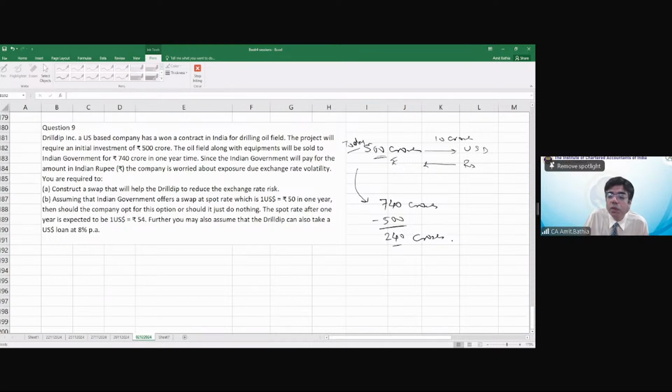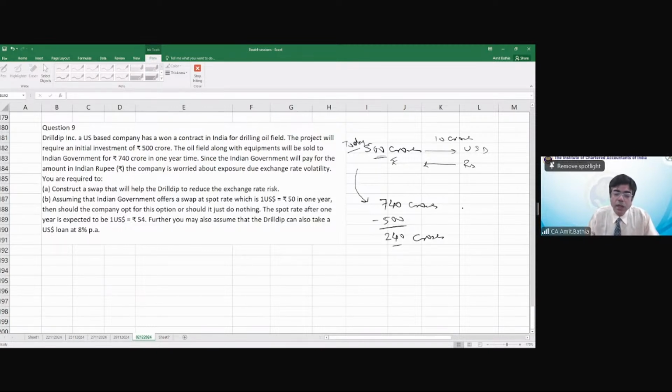So I need to arrange for this particular 240 crores to protect myself. You are already told the spot rate after 1 year is expected to be US dollar 1 equal to 54. So you are already expecting a depreciation of INR, or in other words, appreciation of USD. And I am going to be paid in rupees only, because this is the Indian government which is going to pay me 740 crore rupees.